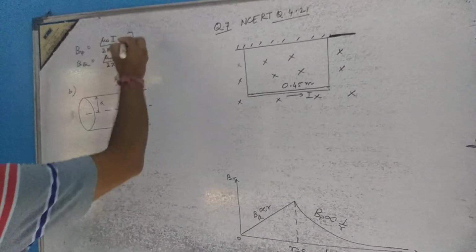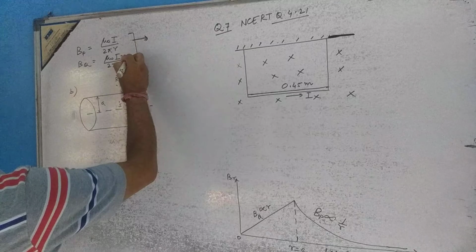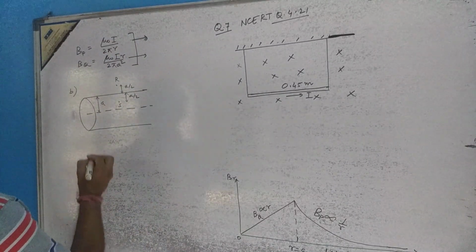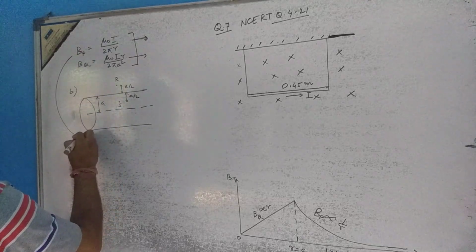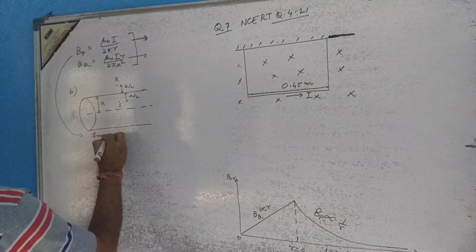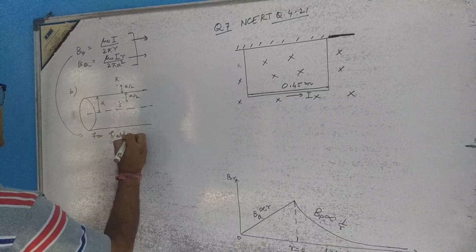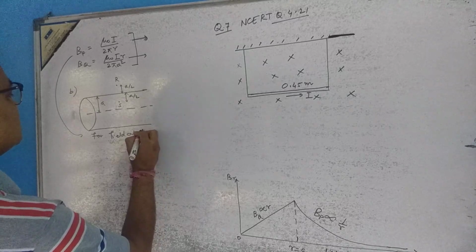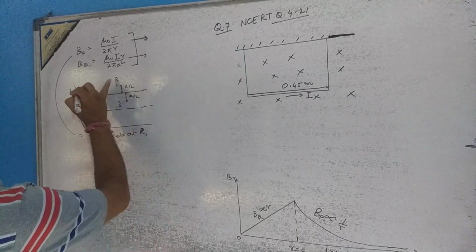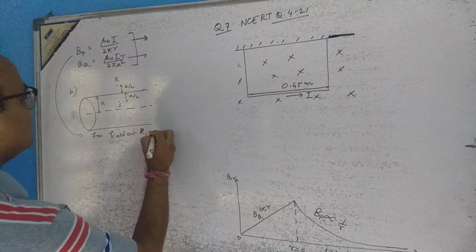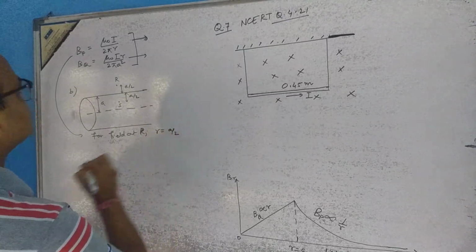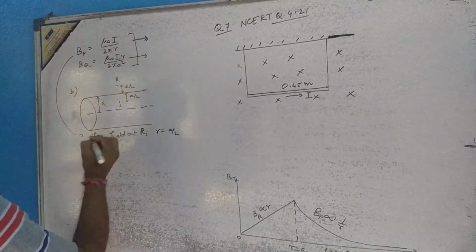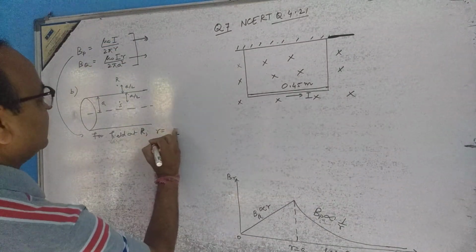It is an outside point, and the other is an inside point. For this, what shall we do? For the outside point, for the field at capital R at this point, what shall we take? R is equal to A by 2. Sorry, not A by 2.